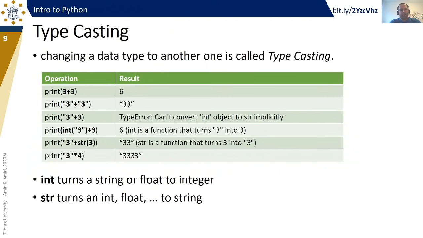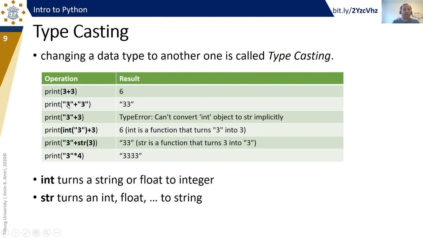Another feature of Python is typecasting. You can change a data type to another one. You can create a new value with a different data type using typecasting. Assume that you want to print 3 plus 3. The result is 6.